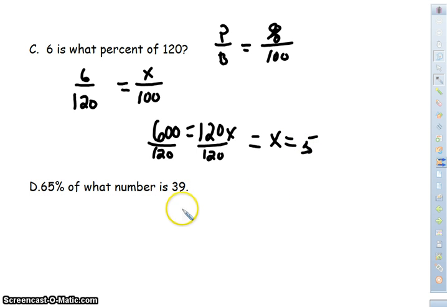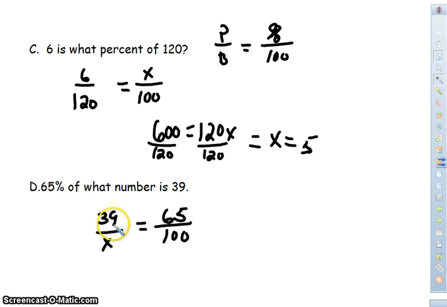Okay, for this particular problem, 65% over 100, and 65% of what number is 39? Okay, so we're trying to find out 65% of what number will equal 39. 39 is my part. Base would be my variable x, because we're trying to find out 65% of what number would be the 39.